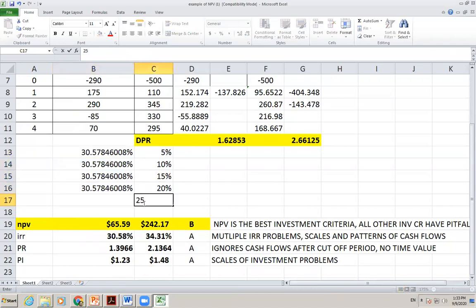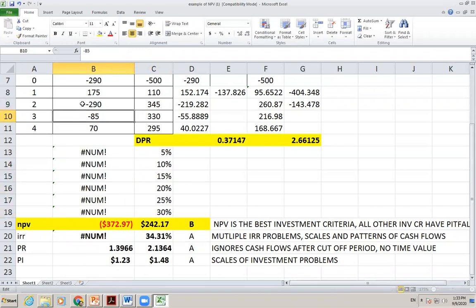Put 25% here. Add one more minus sign here.